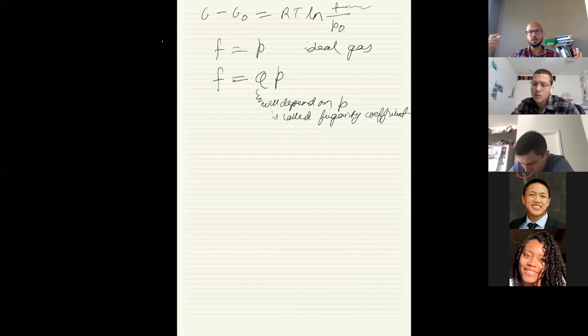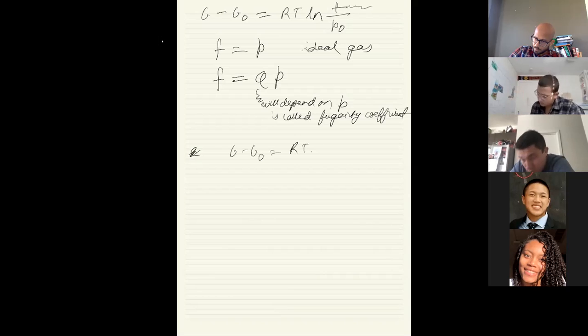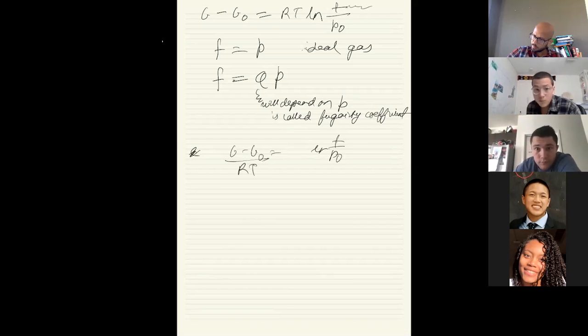It's just a fit. If you look at G minus G naught is equal to RT ln F by P naught, what does that mean? If I bring the RT over here and take the exponential, this means that e to the power G minus G naught by RT is equal to F by P naught, right?